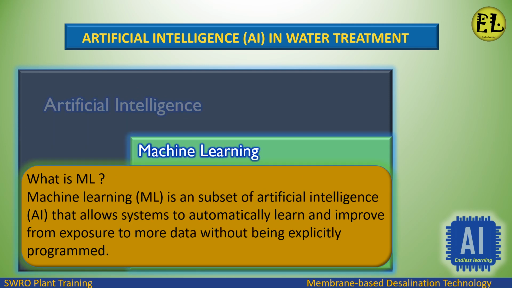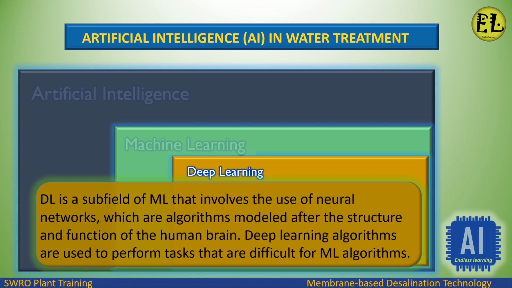What is machine learning, ML? Machine learning is a subset of artificial intelligence that allows systems to automatically learn and improve from exposure to more data without being explicitly programmed. What is deep learning?